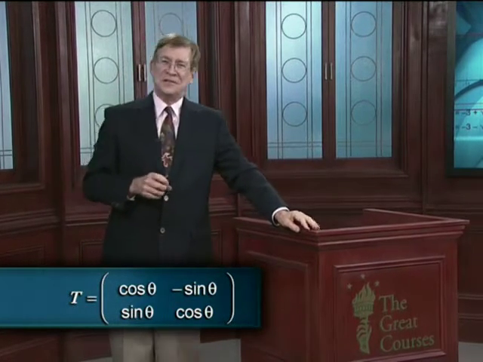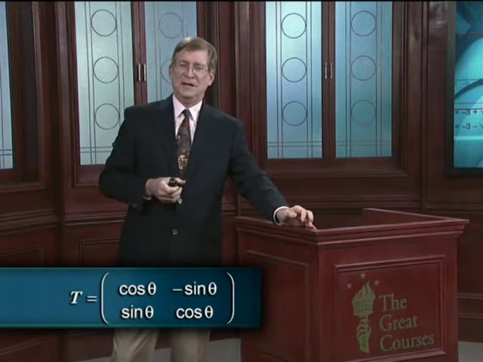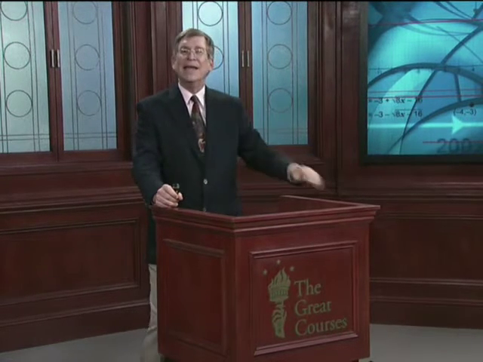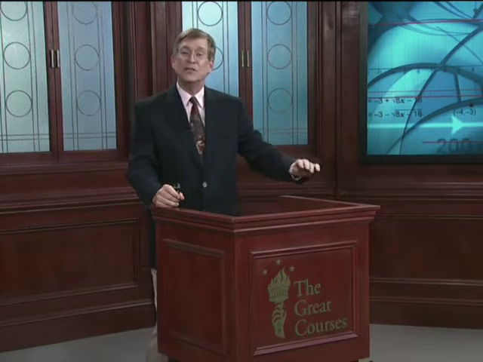What do you think this does to a point in the plane? And here's a hint. We're using trigonometry here, aren't we? And trigonometry deals with rotations, changing angles. It turns out that this kind of transformation will rotate a point around the origin an angle theta. It rotates it theta degrees around the origin.